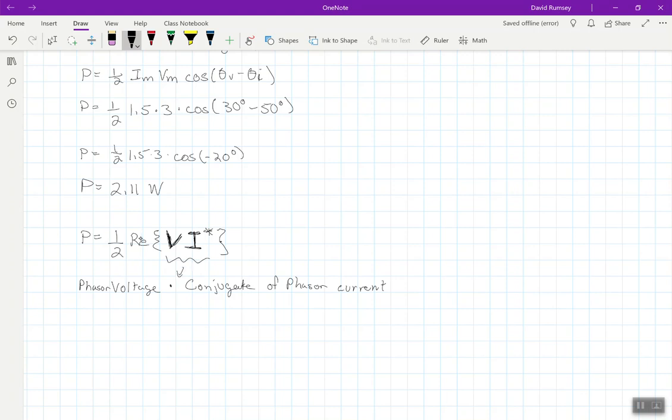And then we just look at the real part of that answer and multiply it by 1/2. That is another way to get it. And so this is actually going to lead us to some additional formulas in the next section on how we can do circuit analysis to find average power being dissipated by a component.